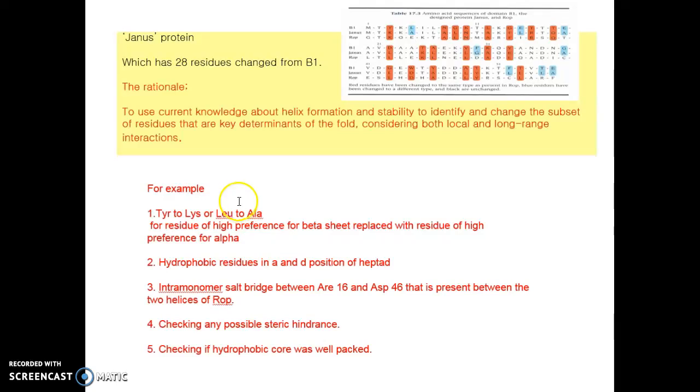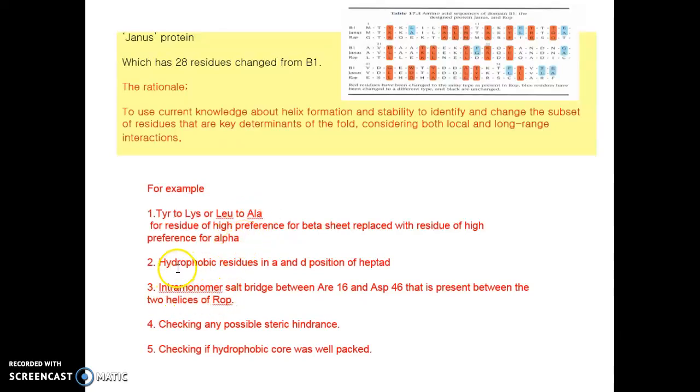Here you can see some detailed examples. Residues in the B1 domain with high preference for beta-pleated sheet formation were replaced with residues with high preference for alpha helices, such as tyrosine to lysine or leucine to alanine.